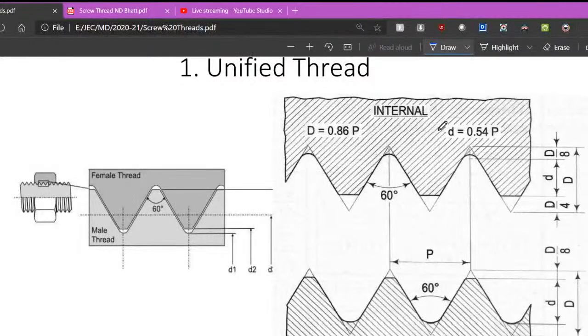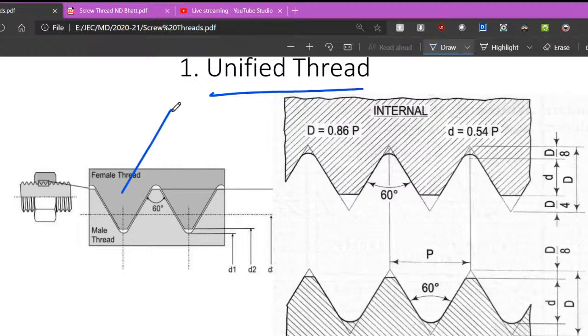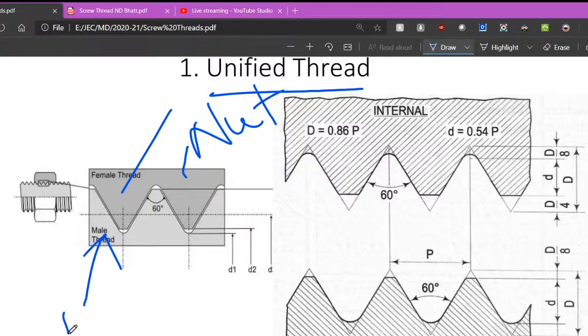Now you see in unified thread, first, why it is called unified, because the American standard they adopted it this way. So this one is female thread and this one is male thread. You can call it nut side and you can call it screw side.